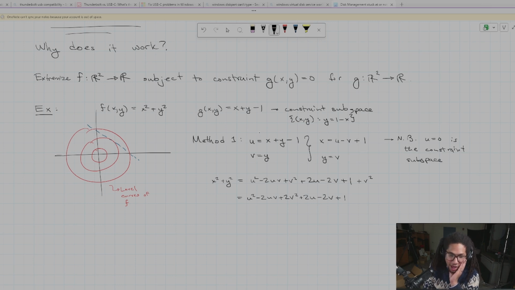And so I'm just going to set u equal to 0, and then v is going to be the coordinate that moves me within my constraint subspace subject to u equals 0. Okay, so x squared plus y squared subject to u equals 0 is equal to 2v squared minus 2v plus 1. All right, now I want to maximize or minimize this function in this subspace.